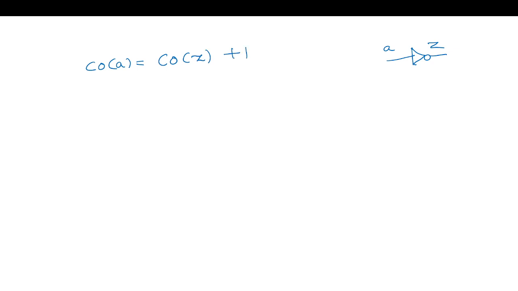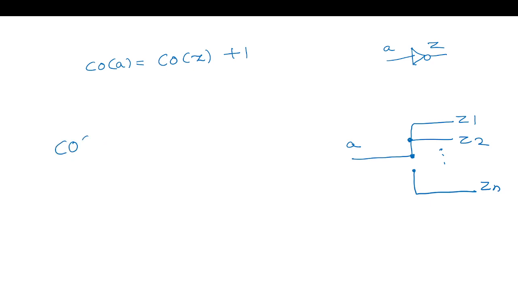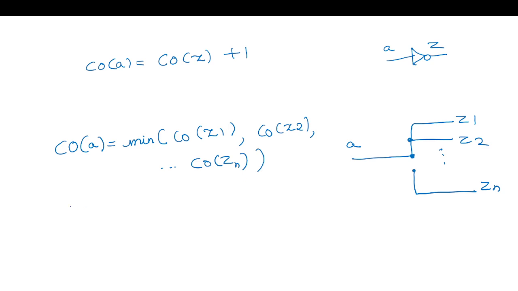Now if we have a fan-out branch, say this A is fanning out to Z1, Z2, and multiple outputs up to Zn, then CO of A will be the minimum of the combinational observabilities of these branches. This we will also have in the example, so we will see. So these are all the observabilities for the basic gates.